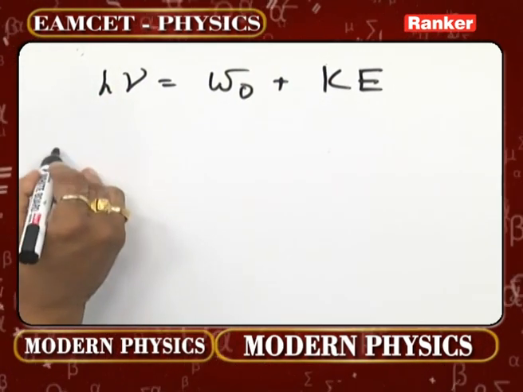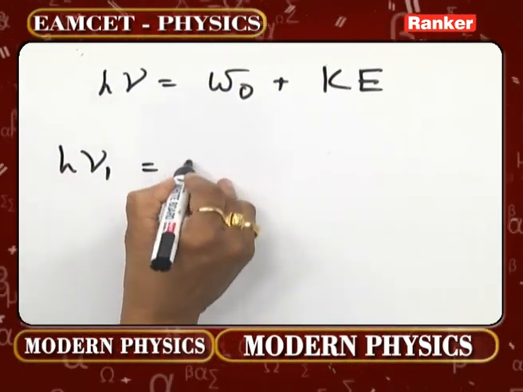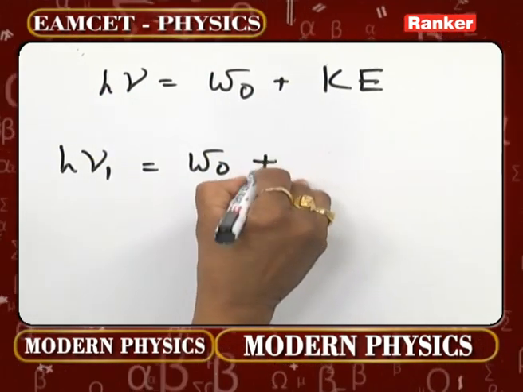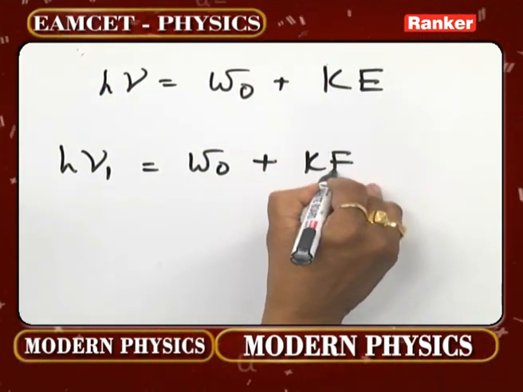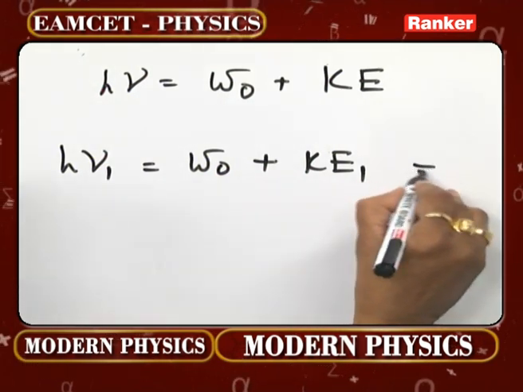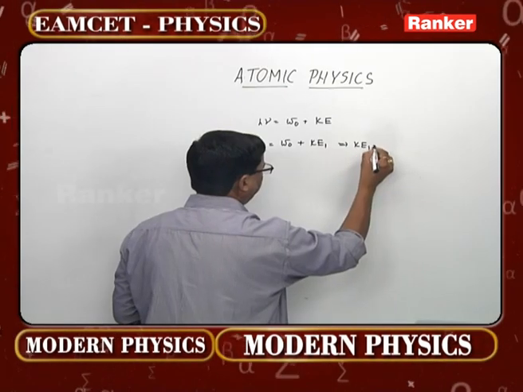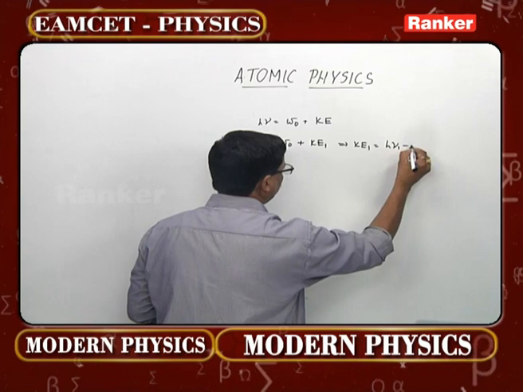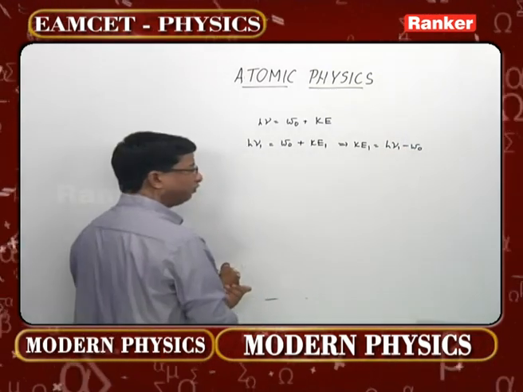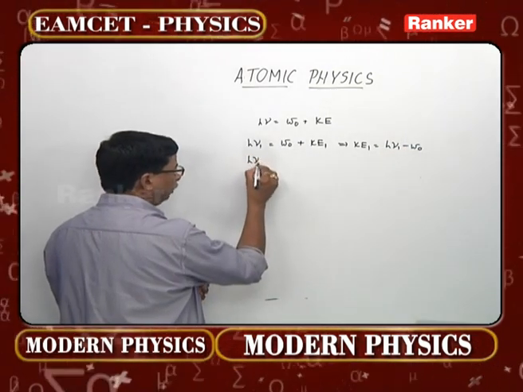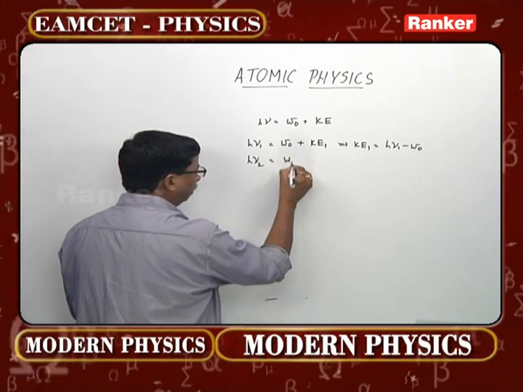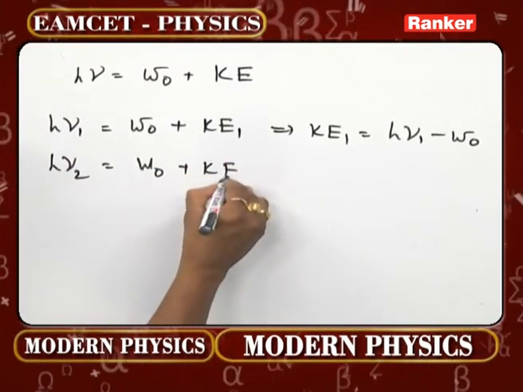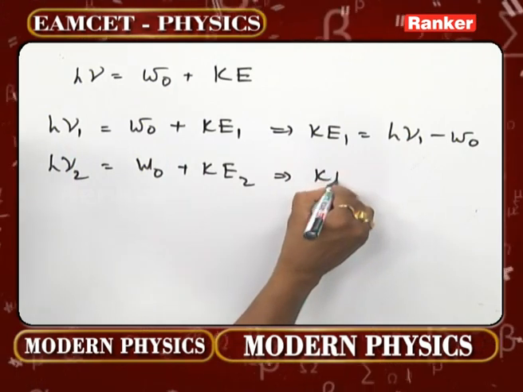So you write the first equation, H nu 1 is equal to W naught plus kinetic energy 1. You can in other words write the same, kinetic energy 1 is equal to H nu 1 minus W naught. What is the second equation? H nu 2 is equal to W naught plus Ke2. I now can rewrite the same.